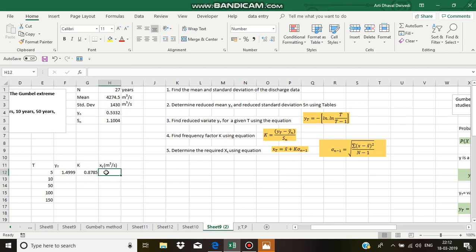Now the value of xt, maximum flood corresponding to recurrence interval of 5 years, can be obtained using this equation. Okay, xt is equal to x bar, which is the mean.